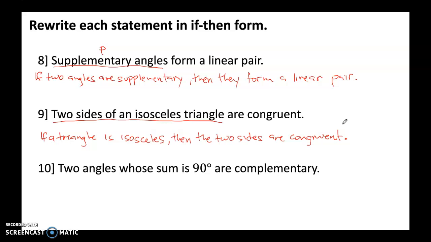Last number, two angles whose sum is 90 degrees are complementary. So our subject in the sentence is the two angles. So we write this as if the sum of two angles is 90 degrees, then they are complementary.